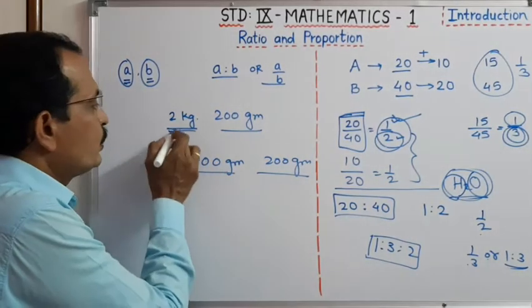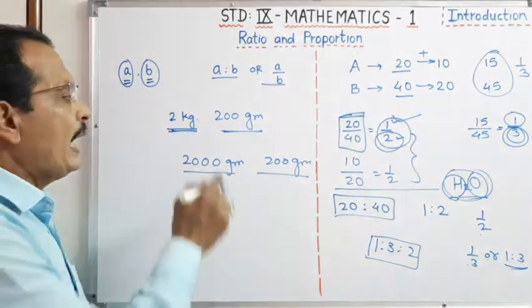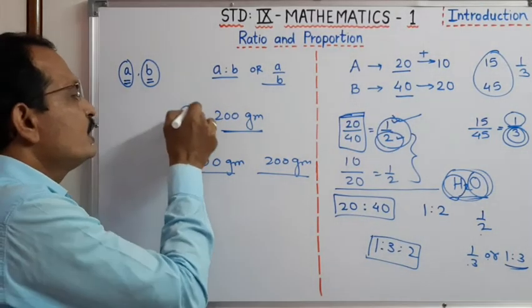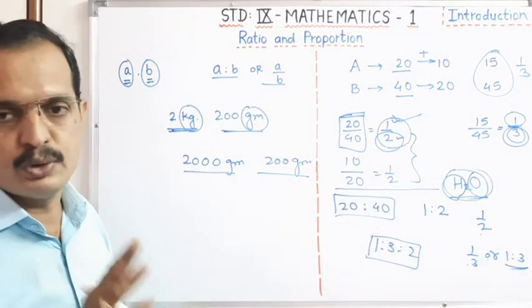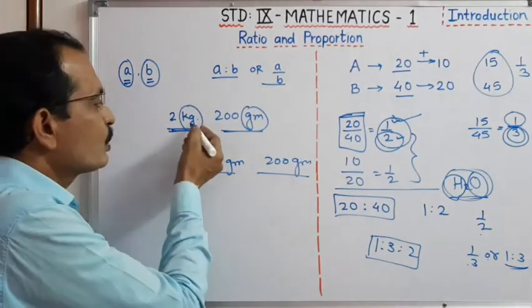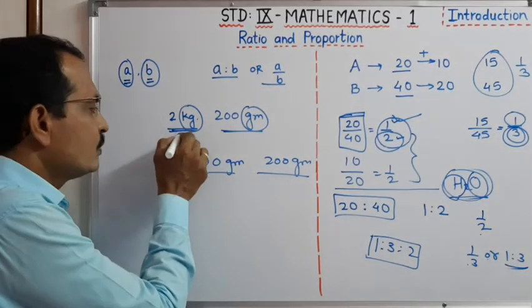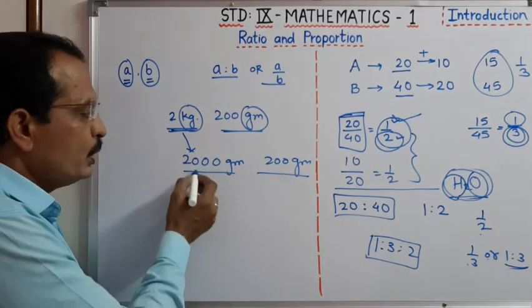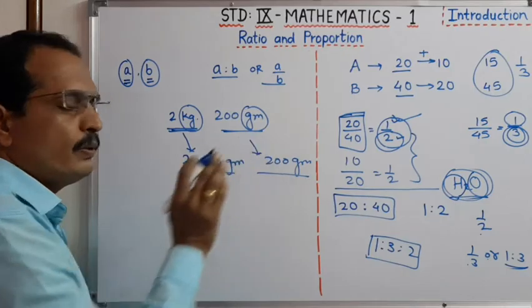Now if 2 kg and 200 grams, if we have to find out the ratio, for this one unit is a kilogram and the second unit is a gram, they are not in the same units. For that purpose, first of all, we have to convert them into the same units. Therefore, we convert this 2 kilogram into 2000 gram, and here 200 gram we leave as it is.